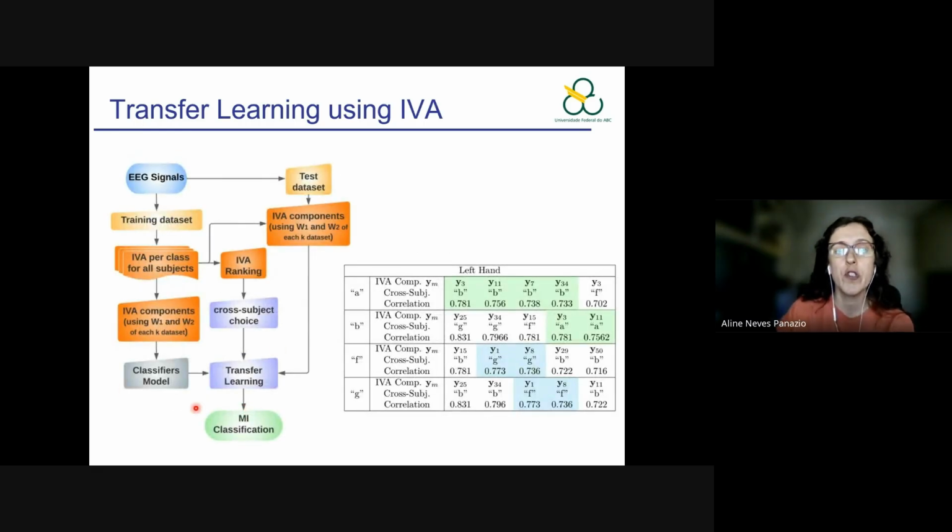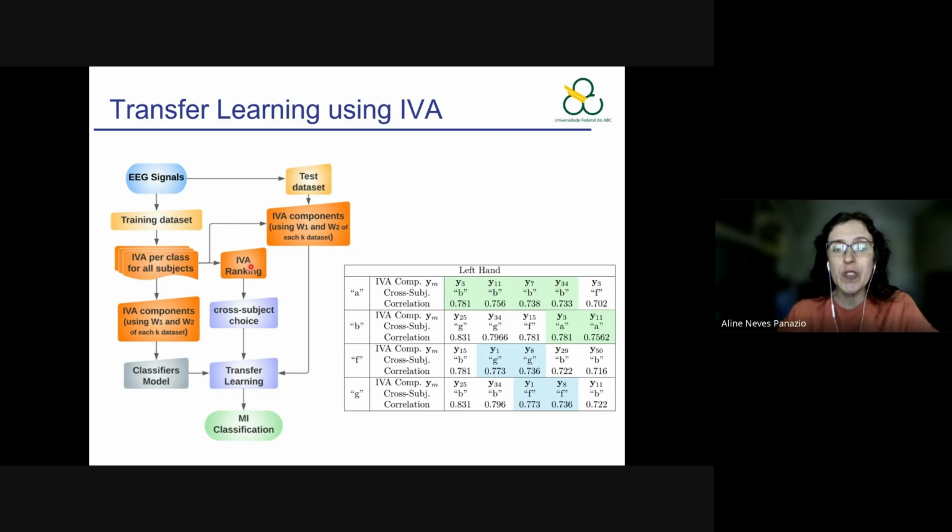So here we have a flowchart of what we did. We start with EEG signals and divide them into training dataset and test dataset. In the training data set, we apply IVA, we obtain the two separating matrices, and we train the classifier. But when we apply IVA, we also look at the cross-correlations that are found and establish a rank, and establish with which other subject this first subject is mostly correlated.